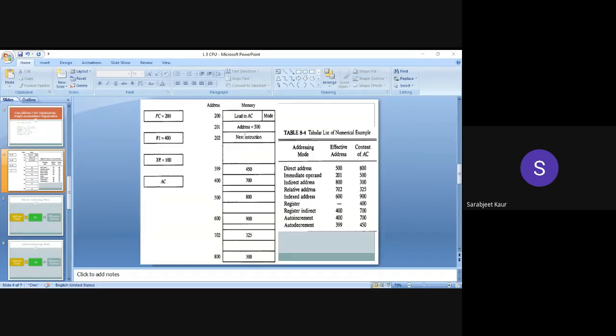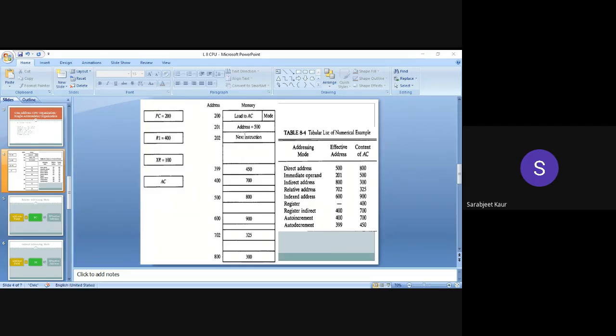Let me go over this again. Auto increment and auto decrement, as I just told you, are like register indirect, except that in auto increment, the address is incremented, but after we access the operand. As we did in the register indirect, we go to 400, we get the operand 700. We are complete with our task.